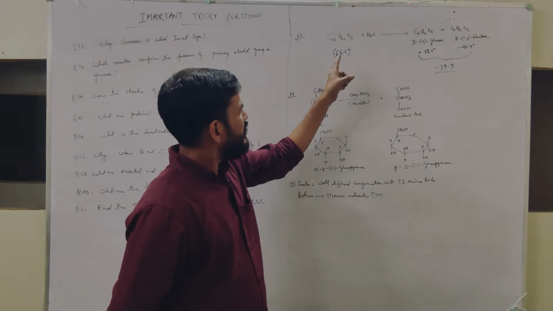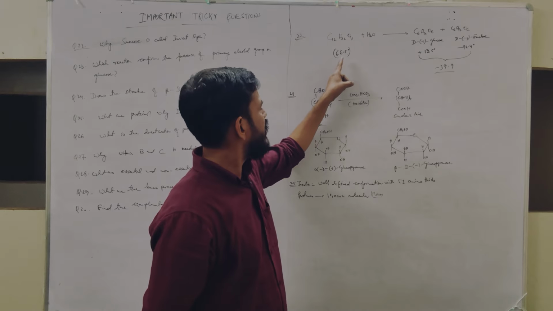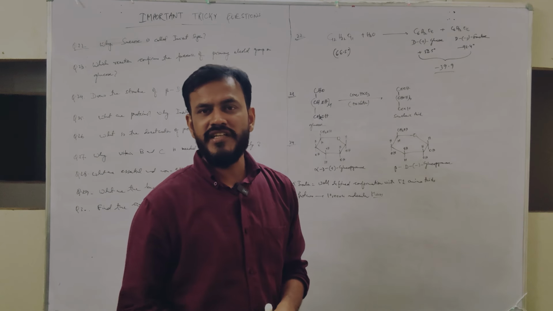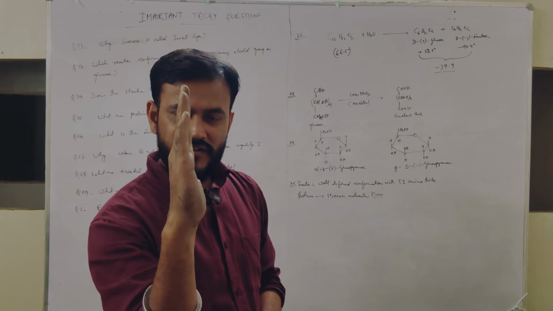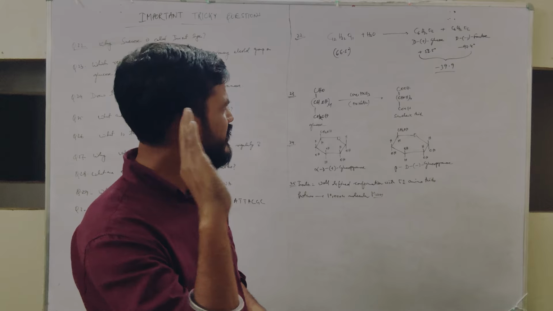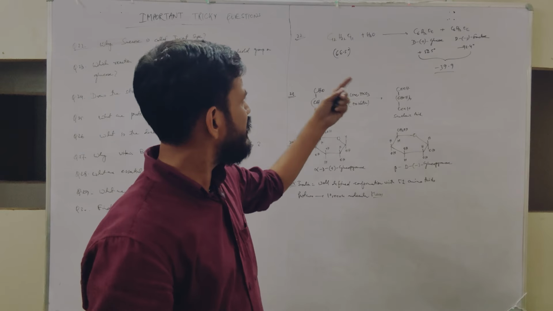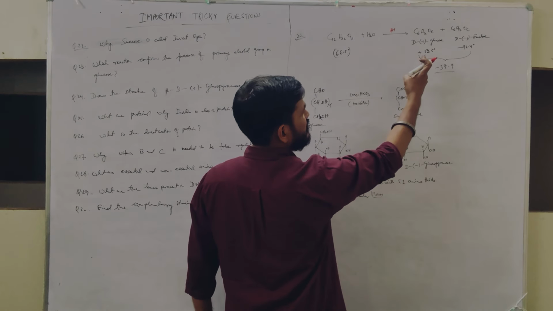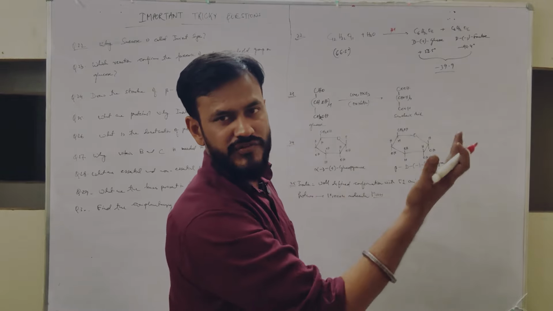Now you see, to begin with, sucrose is dextrorotatory and the approximate angle is 66.5 degrees. That means it is rotating the plane polarized light towards its right. So if it is rotating light towards its right, it is dextrorotatory. But when you hydrolyze it in acidic medium, you get an equimolar composition, an equal amount of glucose and fructose.